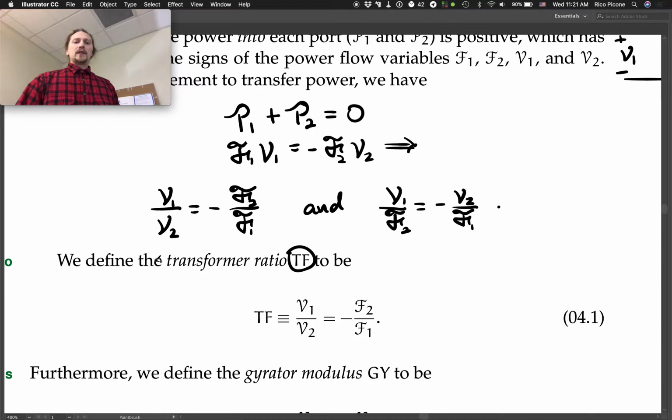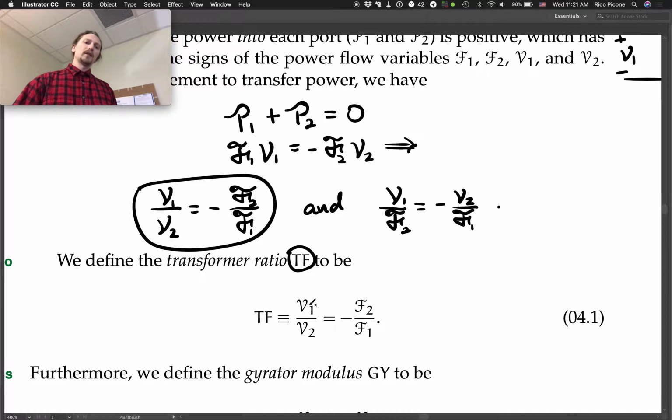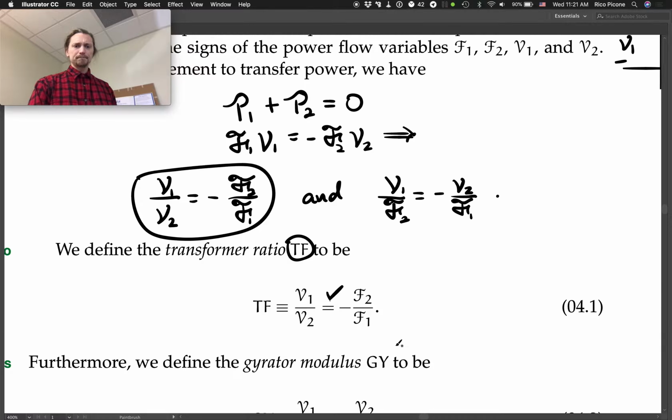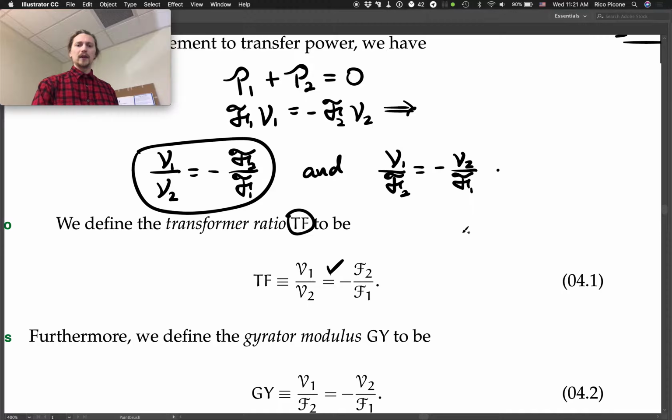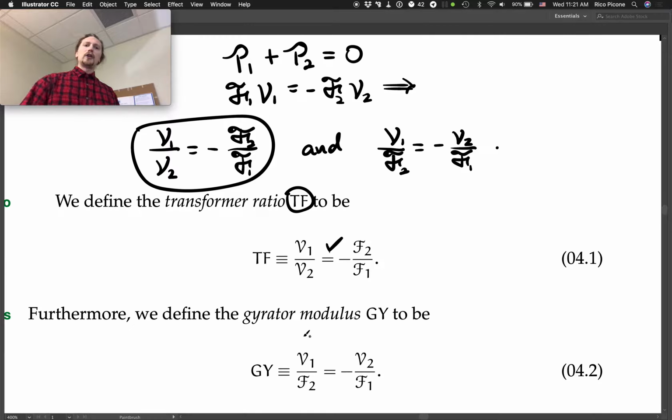So this first equation gave us that equality here. Now, we could take the other equation and define what's called the gyrator modulus, GY, once again, two letters but one symbol, GY to be the ratio V1 over F2.